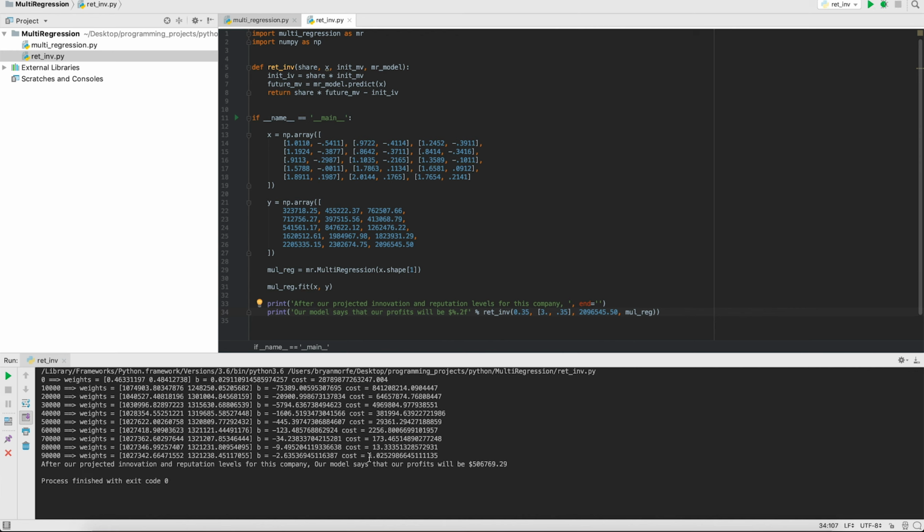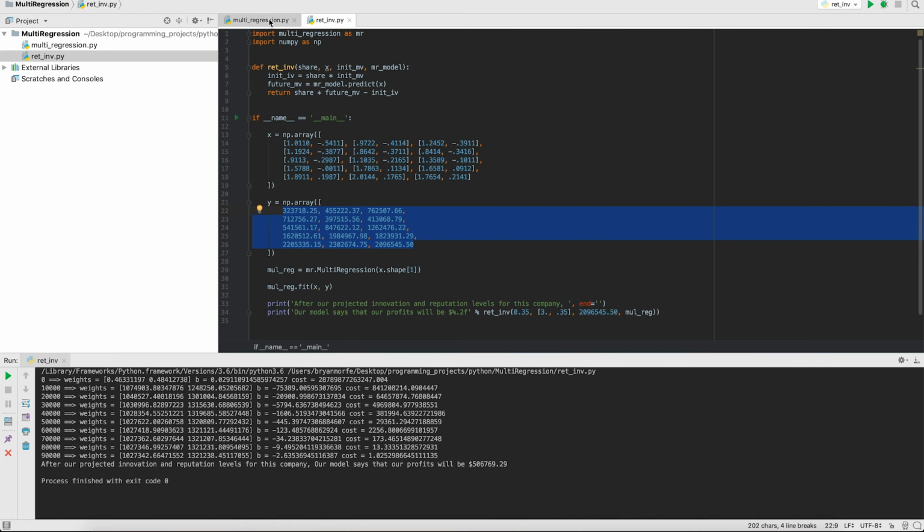Our cost is decreasing. At the end, it was 1. So let me just clarify something, guys, by the way. You see that in our previous linear regression model, this number was very, very low, and it also started very, very low. So here it started at a very high number. We are dealing with very high output values.